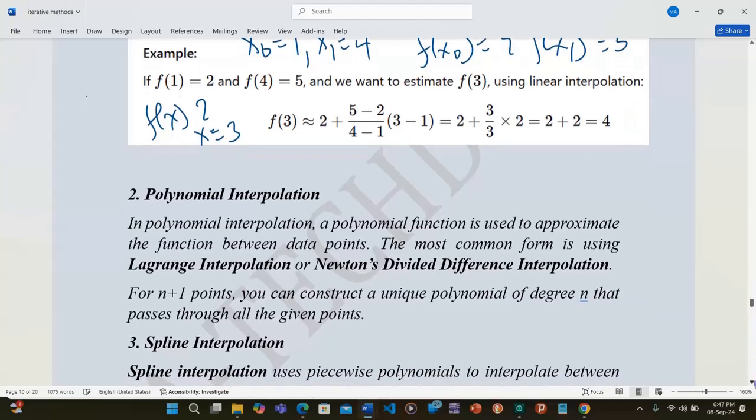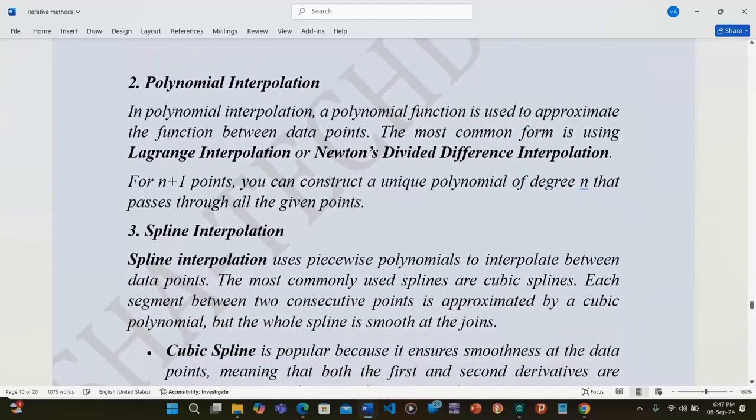The next one is polynomial interpolation. It is used to approximate the function between data points. The most common form is using Lagrange interpolation or Newton's divided difference interpolation. Like I said, we can use Lagrange to do what we call polynomial interpolation between different points of a polynomial.